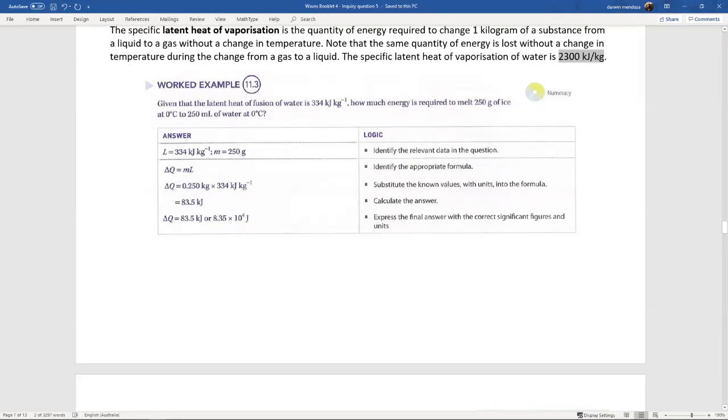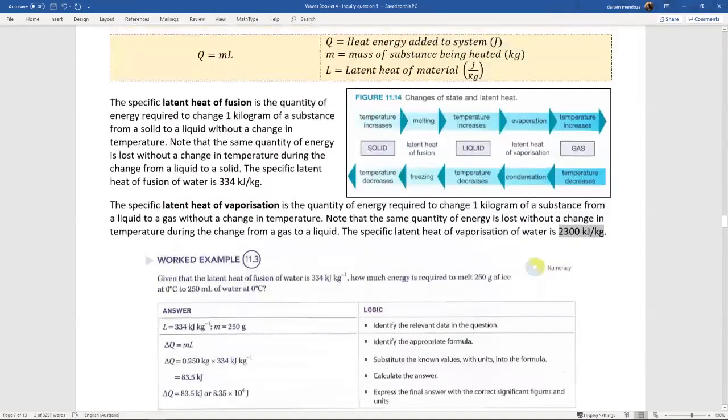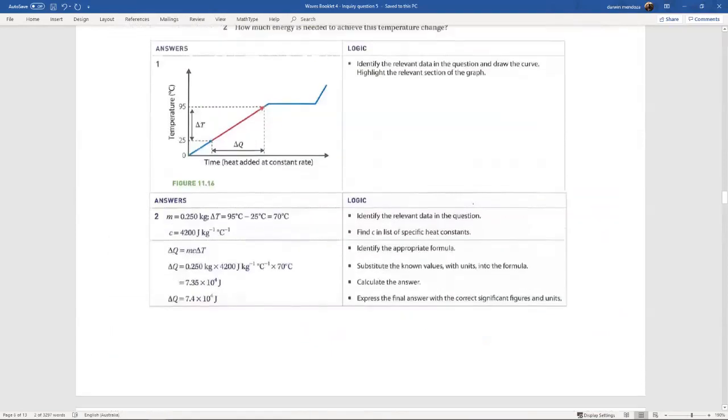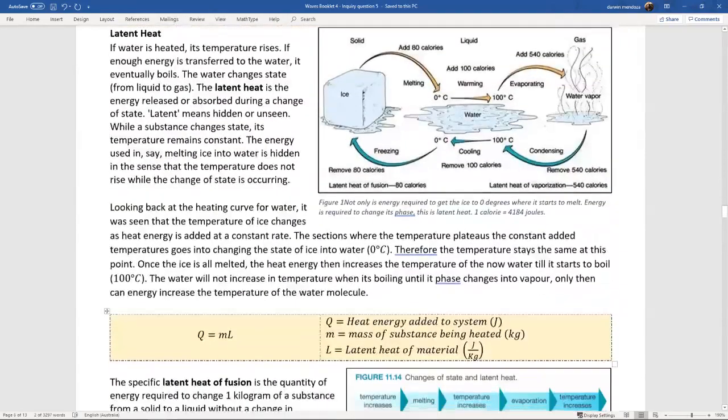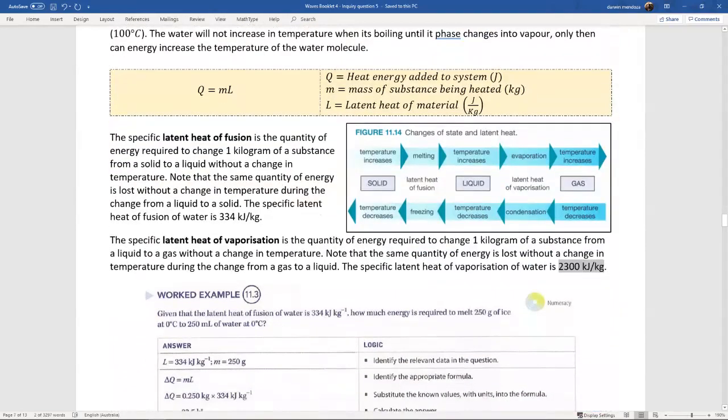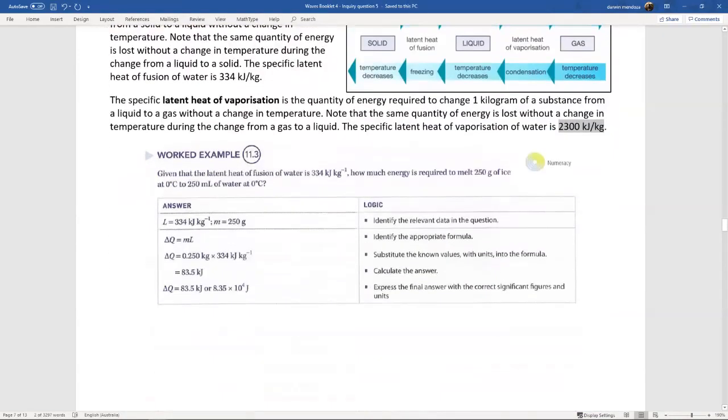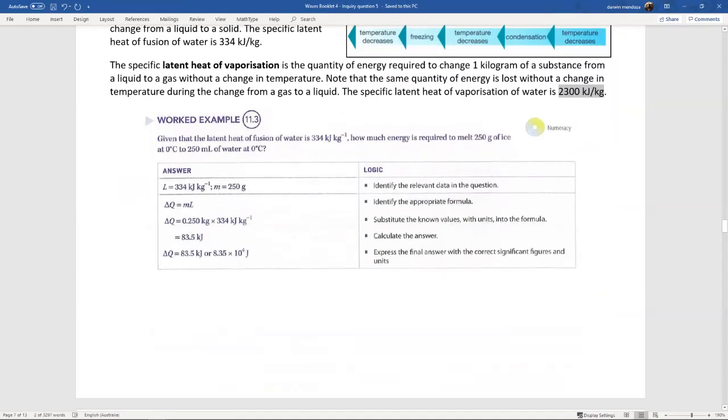If you had to heat that water up, you'd have to do a specific heat calculation on top of the latent heat calculation, right? So you'd have to do this one, plus that one. But in this instance, because it's still the same temperature, you're just changing state, you're just dealing with this equation here. So what are our unknowns? We know that the mass is 250 grams or 0.25 kilograms, SI units.